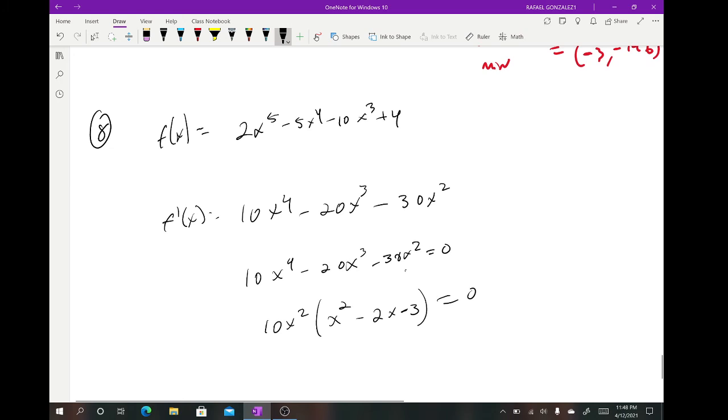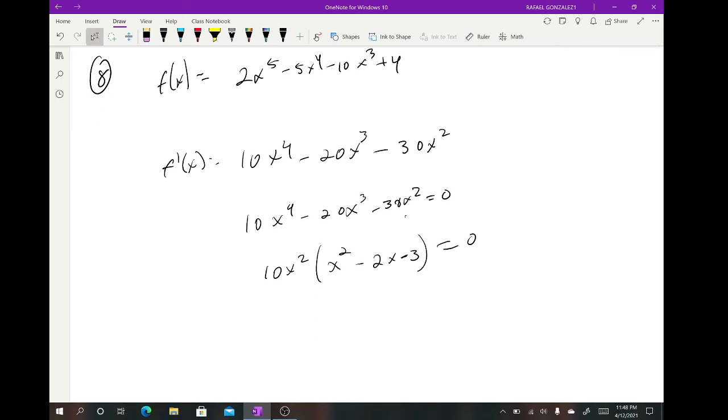This makes our life much easier. On the inside, you could actually factor that a little bit more, because negative 3 times 1 is equal to negative 3, but they add up to negative 2. So you have x minus 3 times x plus 1.